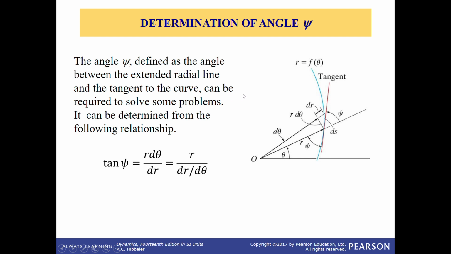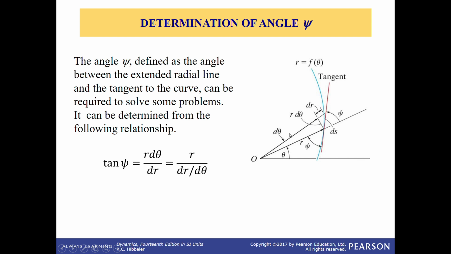So the angle C can be required to solve some problems. It can be determined from the following relationship: tan C equals r d theta divided by dr. If we see here, this is a triangle taken with respect to this line.